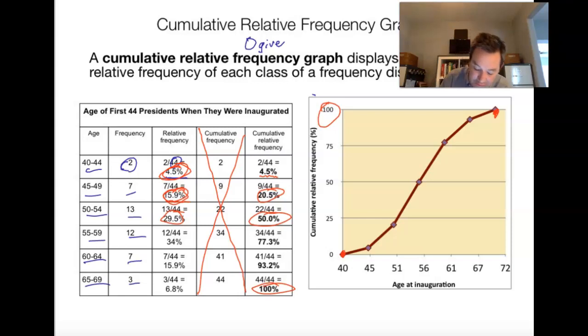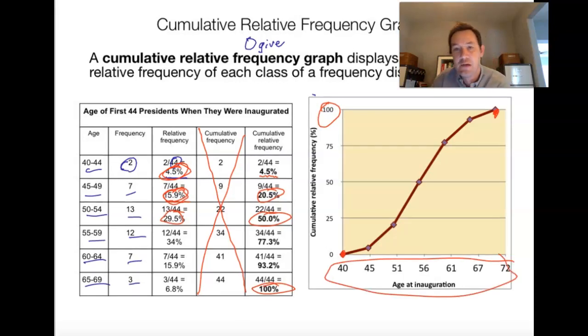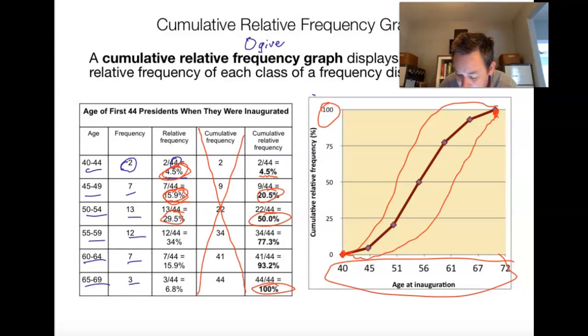The thing that will be different between these graphs is obviously the x-axis, depending on what data you're graphing, and then how quickly the curve gets to that 100. Some could be much steeper, some could be less steep, but they'll all eventually get to 100.